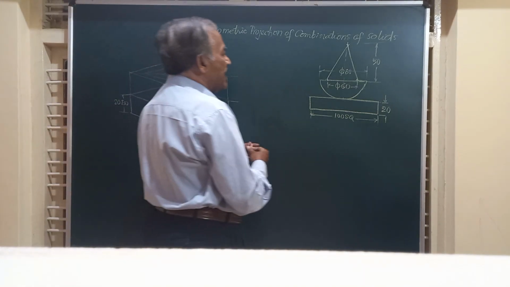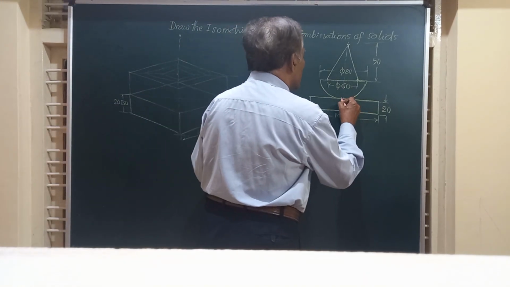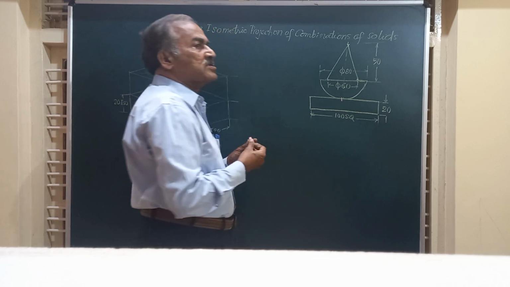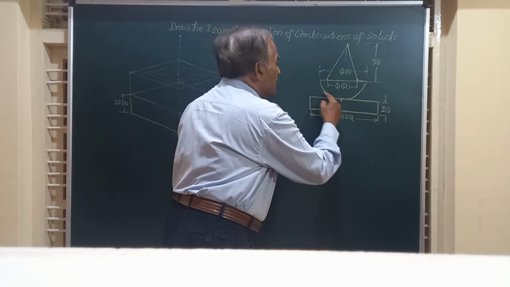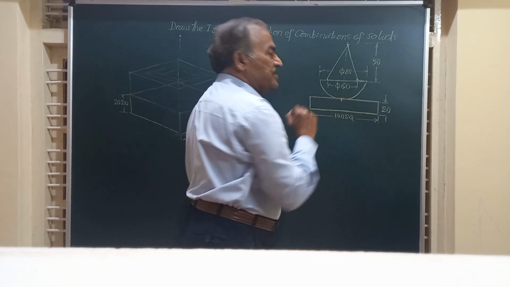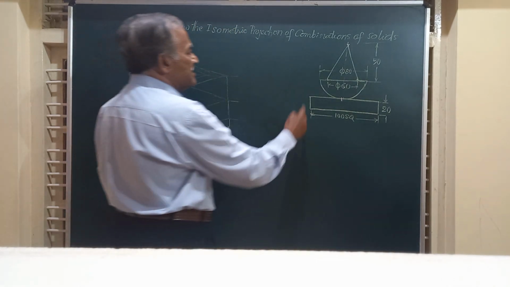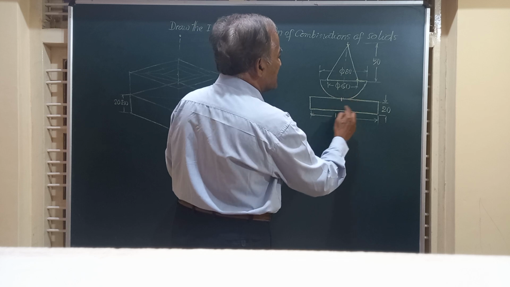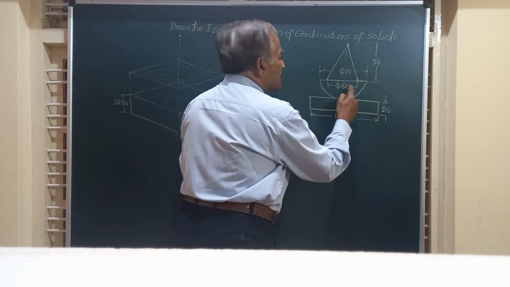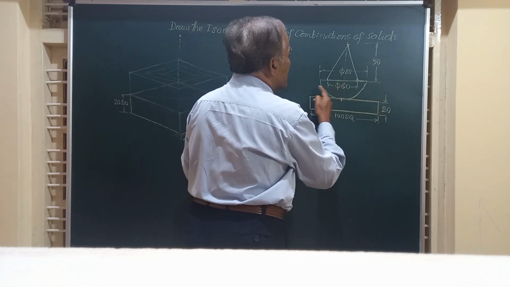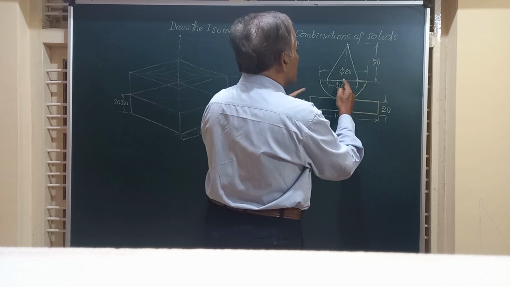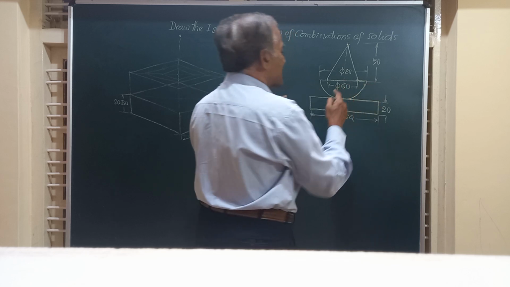Friends, exactly in the center of this, you have placed a hemisphere with its curved periphery in contact with the flat surface of the square block. So what is the height, friends? See, this height is not given. The diameter is equal to 80, so this height is going to be 40.